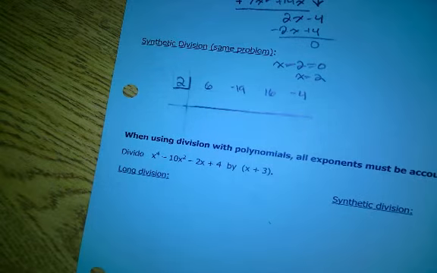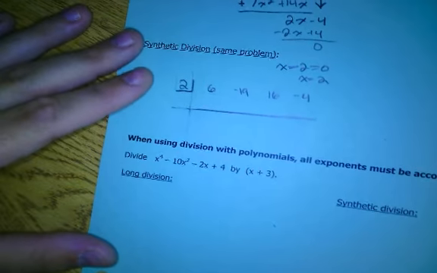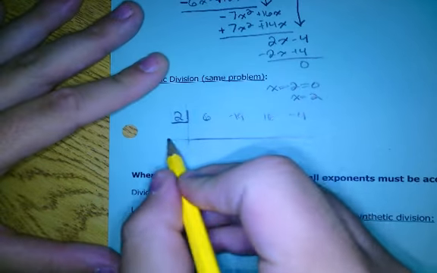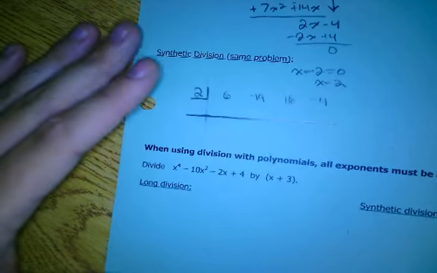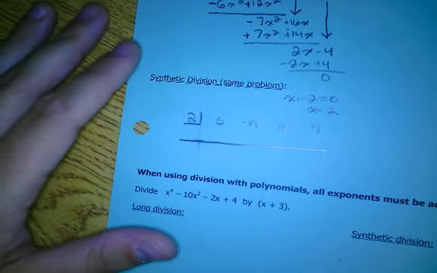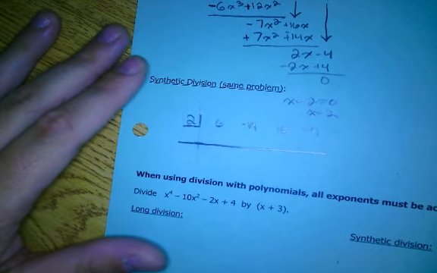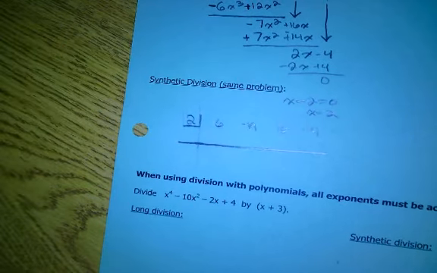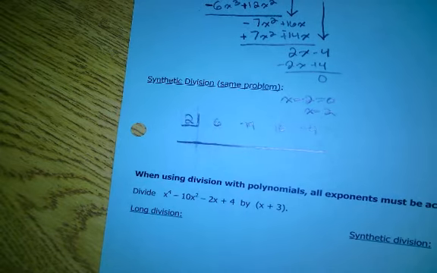This is how I learned it when I was a wee lad back in 2005, maybe? I'm old. That's when I was a junior in high school. It was 2005 and 2006 when I was a junior.